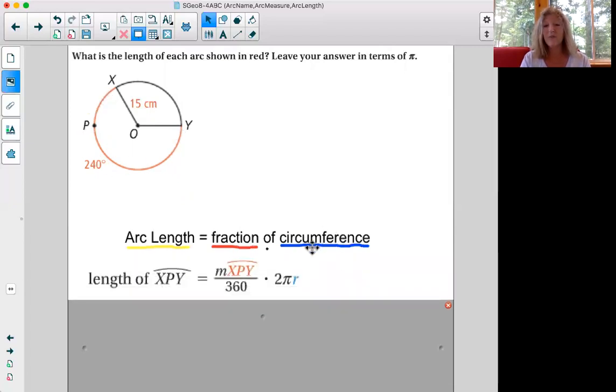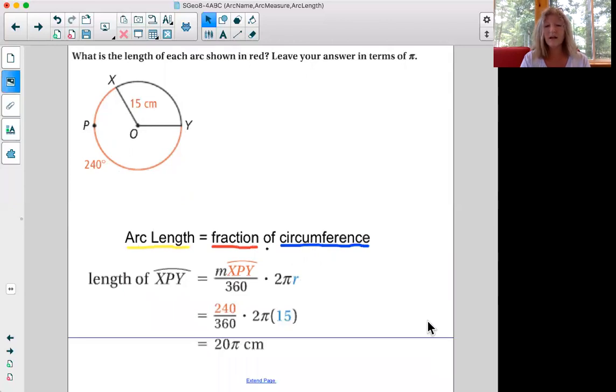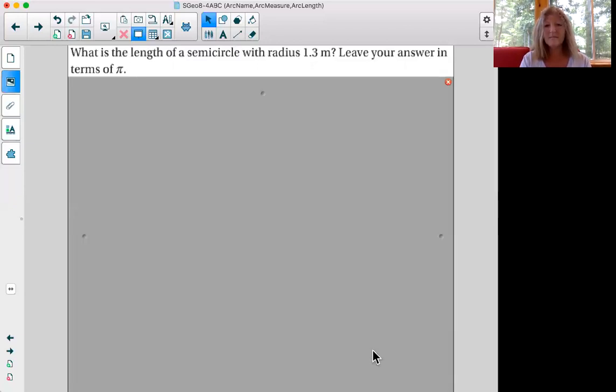And what is the circumference? Well, we're given the radius, so we can say 2 pi r. And so we can plug those numbers in and calculate the length of that arc. So pause, practice this on your own paper, and then press play for the solution.